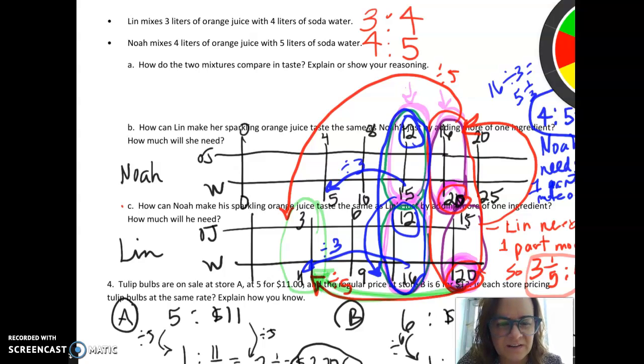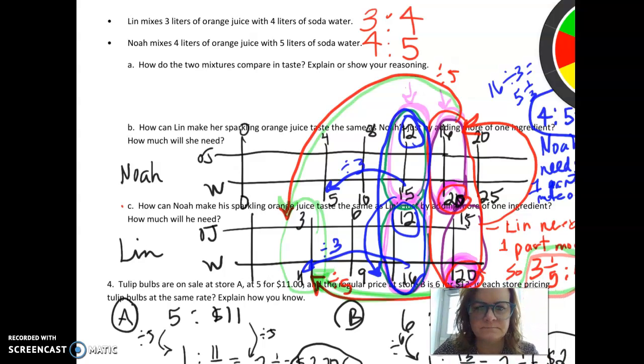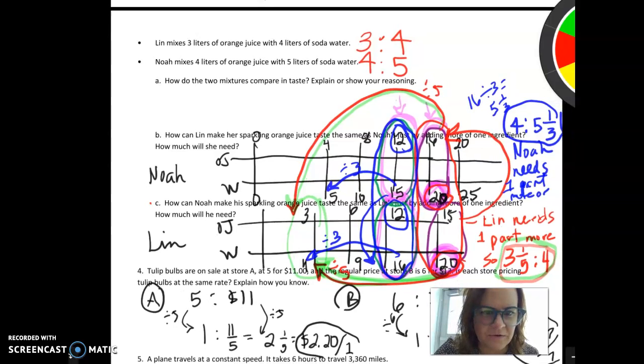So if we're going to go to 16, because we're adding that one more part orange juice, let's divide 16 by 5. If I divide 16 by 5, I get 3 1/5. So she needs to add 1/5 more orange juice for every 4 parts water. Isn't that confusing? But hopefully that makes sense the way I explained it.